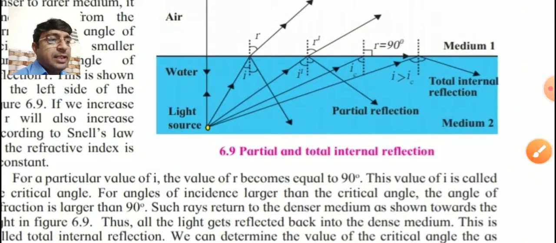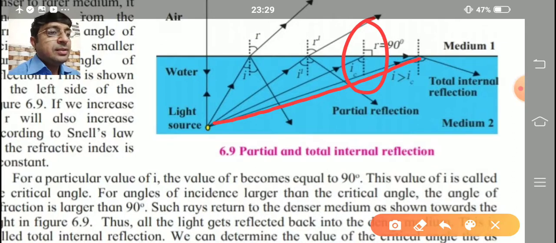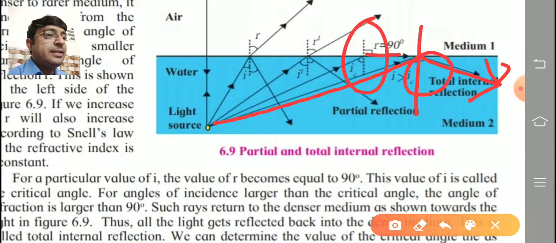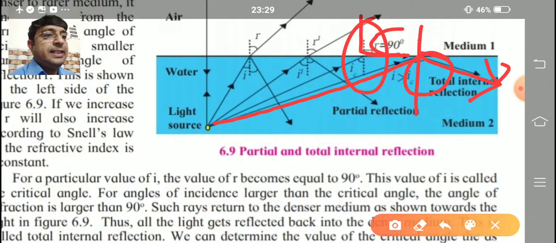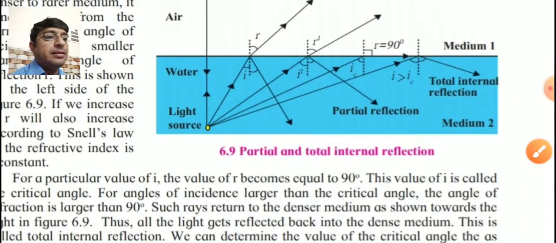What happens after that? Again we increase the angle of incidence after this third case. The refracted ray is not passing into the other medium, but it is reflected in the same medium, and this is called total internal reflection. When we get the angle of refraction as 90 degrees, what is the value of i here? That is called the critical angle.